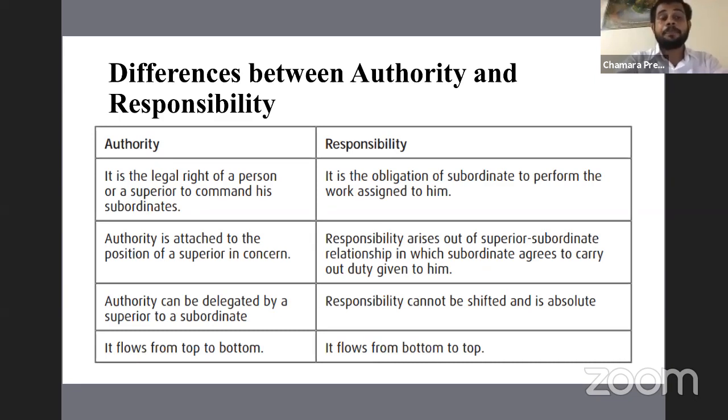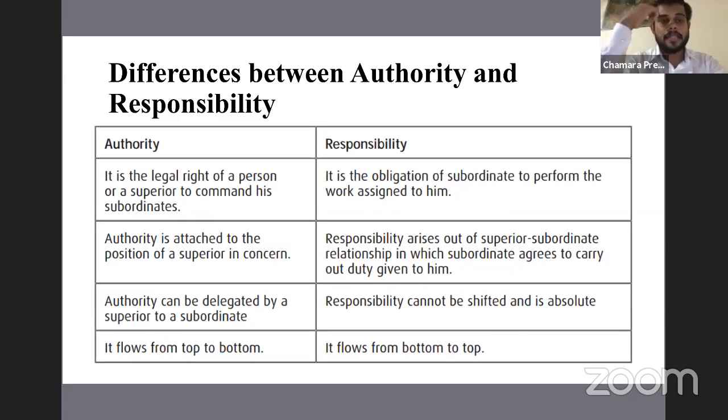So I have some responsibility to finish and do when tasks are allocated. Responsibility arises out of the superior-subordinate relationship in which the subordinate agrees to carry out a duty given to him. A responsibility cannot be shifted and is absolute.